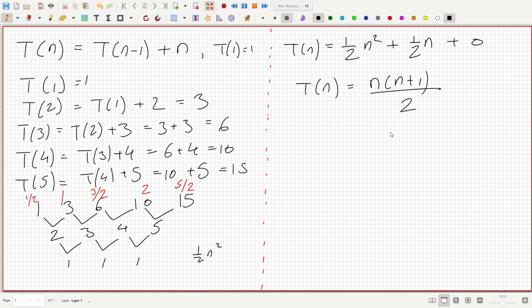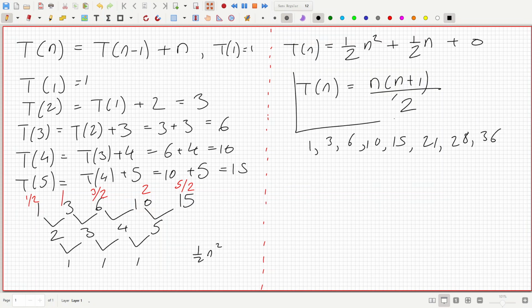Yeah. Let's check the answer here. Using this formula, I will get 1, 3, 6, 10, 15, 21, 28, 36, etc. Yeah, so that matches up then.